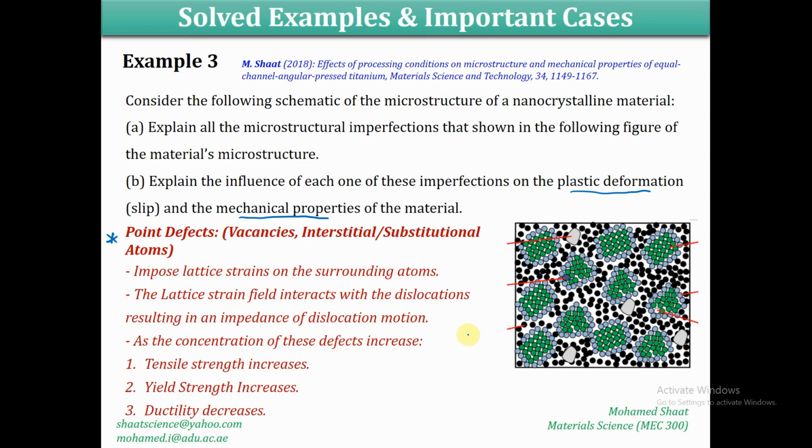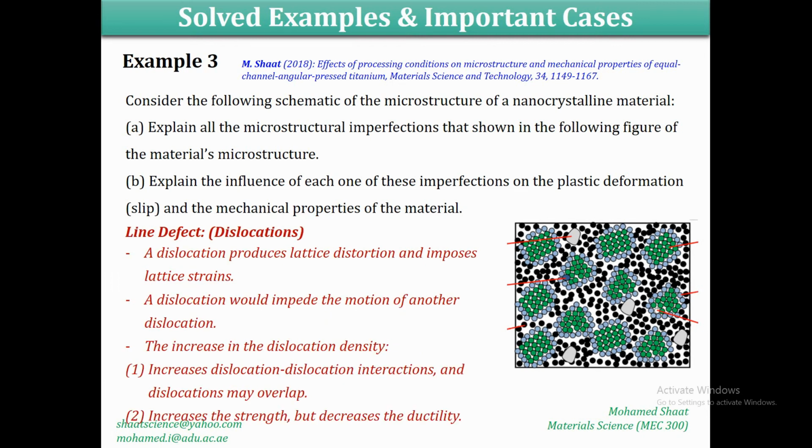So we are expecting that the tensile strength and the yield strength of the material will increase, but on the other side, the ductility is expected to decrease, because of the dislocation impedance generated by this lattice strain. So this is the influence of the point defects. Nothing new, as we explained in chapter 4 and chapter 7: it produces lattice strain and impedes the dislocation motion.